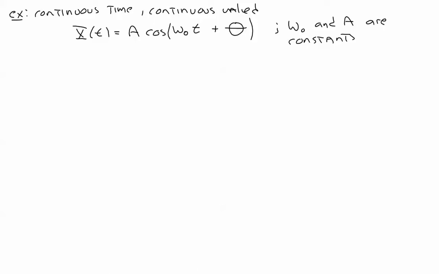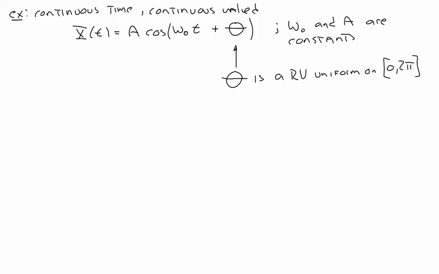Omega naught and a are going to be constants. Capital theta is a random variable, RV, random variable, uniform on, let's say, 0 to 2 pi. Okay? So the randomness in this particular random process is the phase. We don't know what the starting phase is. It could be anywhere from 0 to 2 pi.